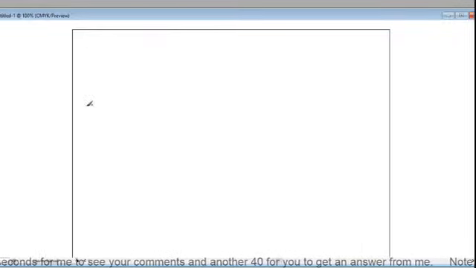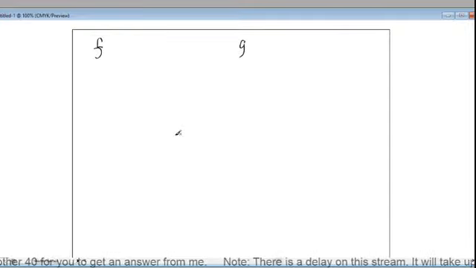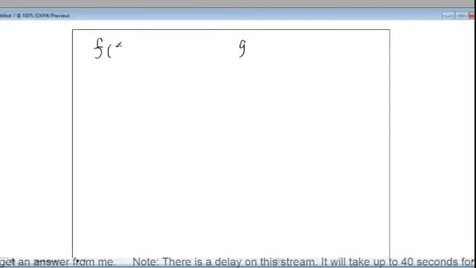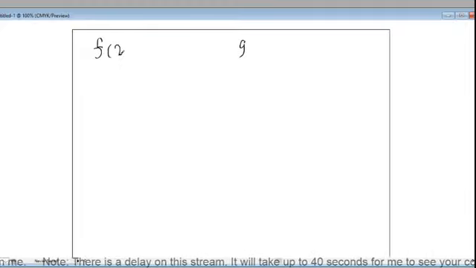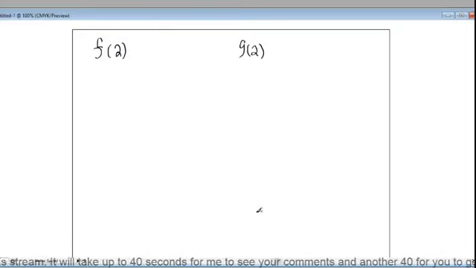So let's say that we have two functions, f and g. And let's say that we plug in a number for these functions, 2. So we're plugging in 2 for both of these functions, and they're each going to give us something out.